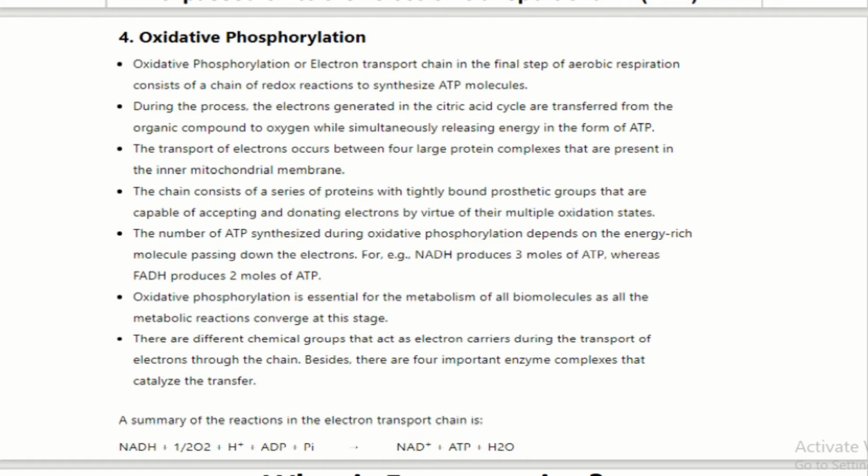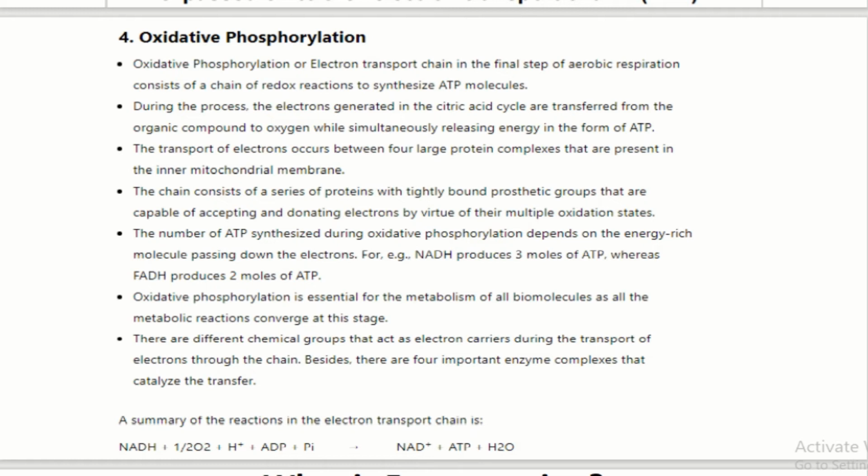The chain consists of a series of proteins with tightly bound prosthetic groups that are capable of accepting and donating electrons by virtue of their multiple oxidation states. The number of ATP synthesized during oxidative phosphorylation depends on the energy-rich molecule passing on the electrons. For example, NADH produces 3 moles of ATP, whereas FADH2 produces 2 moles of ATP.